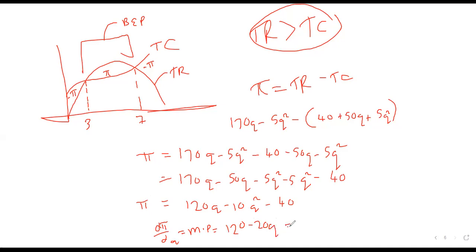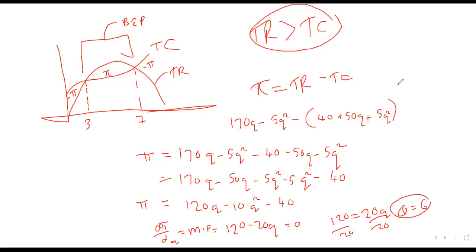So when you set this to 0, the 20Q will go on the other side. So you're going to have 120 is equal to 20Q. So we divide by 20 on both sides. So we're going to now have our Q is equal to what? 6. So 6 units will maximize profit.